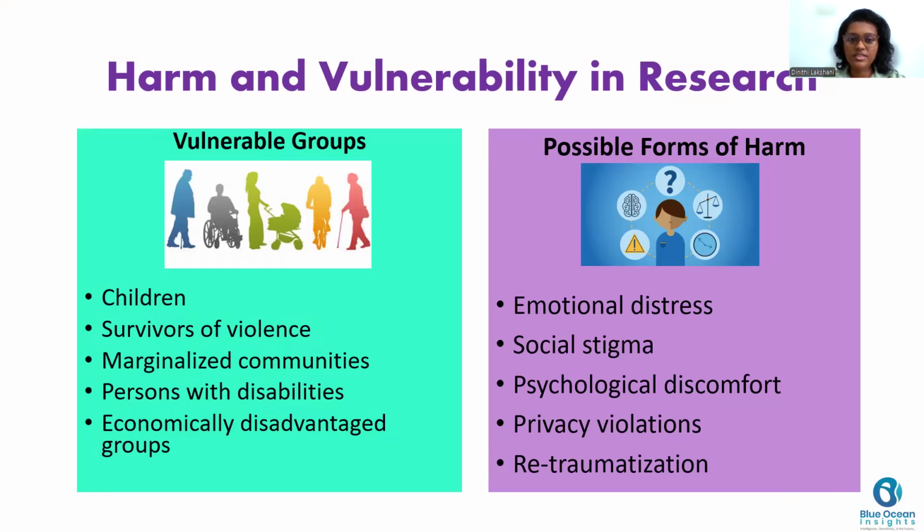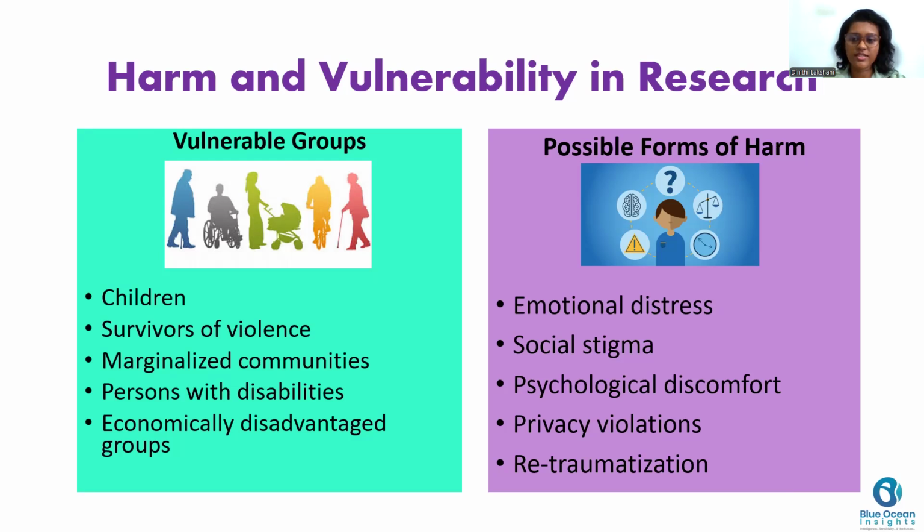Harm and vulnerability in research. There are vulnerable groups such as children, survivors of violence, marginalized communities, persons with disabilities, and economically disadvantaged groups. We have to engage them, or request them to participate in certain research.